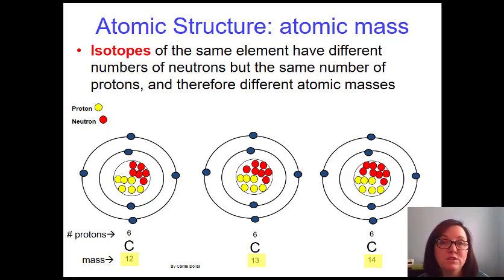The first one has 6 neutrons, the middle one has 7 neutrons, and then the one on the right has 8 neutrons. So these are all carbon, but they all are different isotopes of carbon. Now, because the atomic mass is determined by the numbers of protons plus neutrons, each of these different isotopes has a different atomic mass.